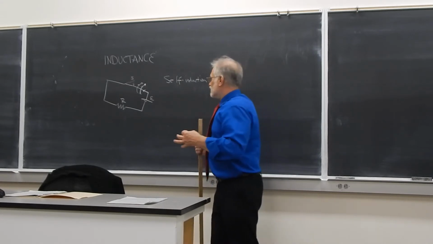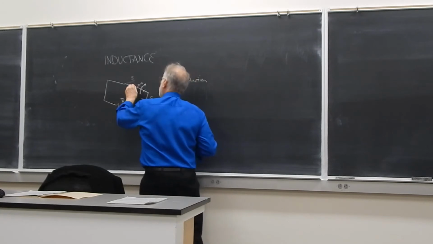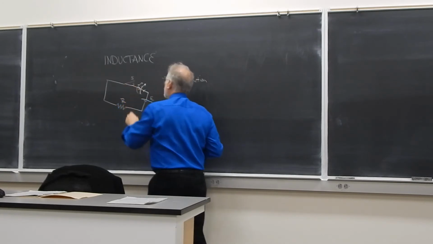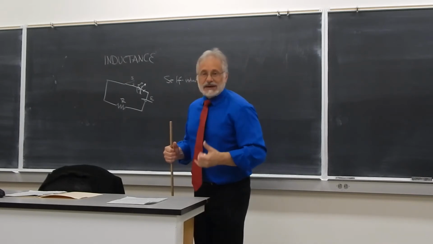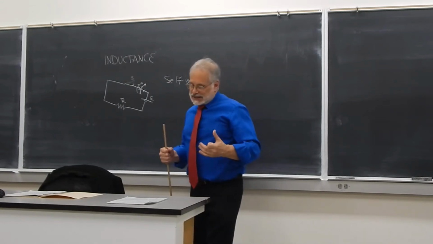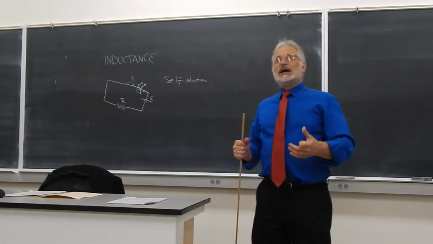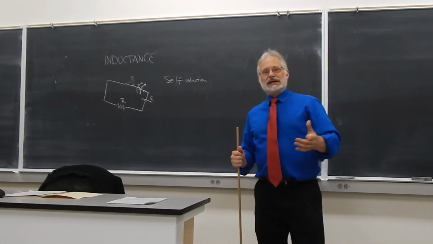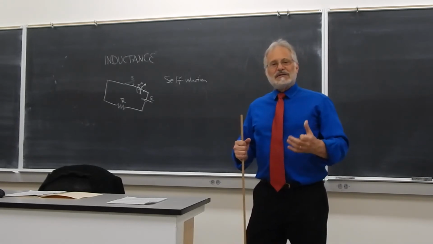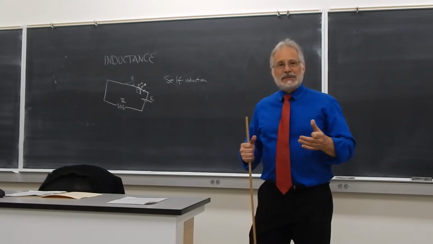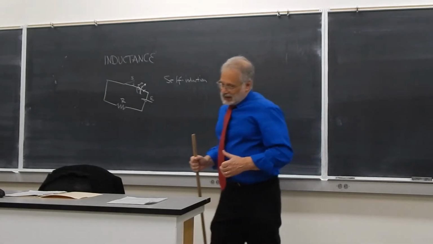And so it's going to cause what we call a back EMF, an opposing EMF, to resist this change in magnetic flux. Now, it's not going to be very large, and it's not going to be for very long. As you know, anytime you turn a switch on, it almost looks instantaneous, that the lights go on or something else happens. In fact, there is a very, very almost imperceptible time delay because of this self-inductance in the circuit.